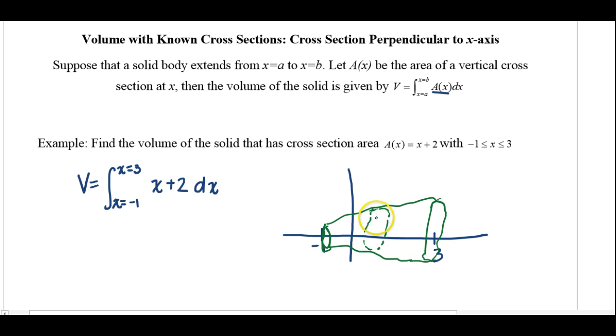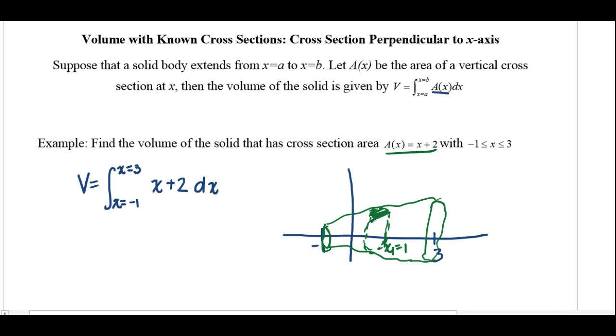So I don't have a formula to find the area of this particular shape, but I'm told that at any x value, so right here at this x value, where this weird looking shape occurred, the area of that cross-section is x plus 2. So let's say this x value right here, x1 equals 1.